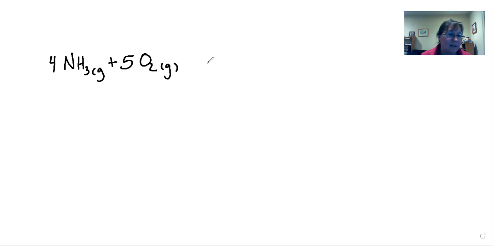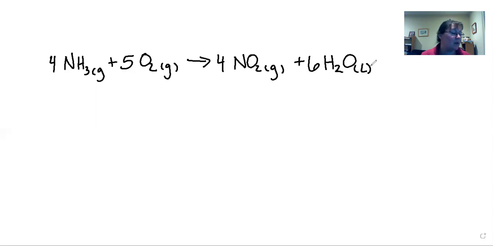So let's take a look at a problem. Let's say that we have 4 moles of ammonia plus 5 moles of oxygen gas, yielding 4 moles of nitrogen dioxide and 6 moles of liquid water. And we want to know, what is the delta H value for this reaction?